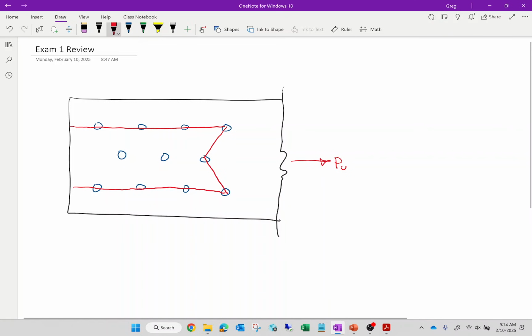With me so far? Okay. This is how I would do it. So really the question is what's A and T, right? Because this isn't going to be any different.